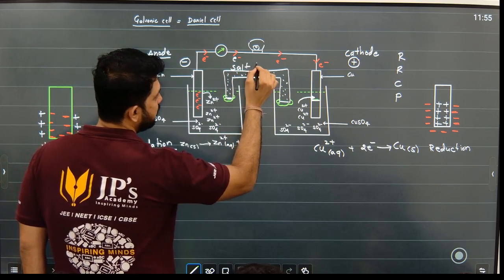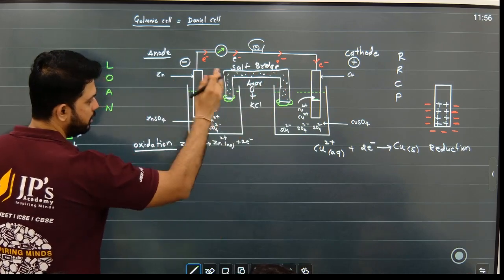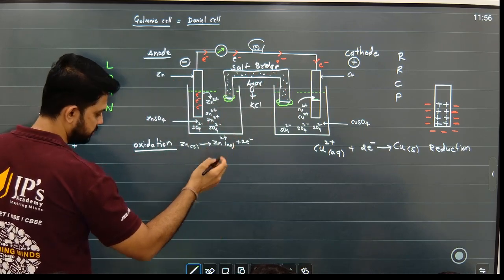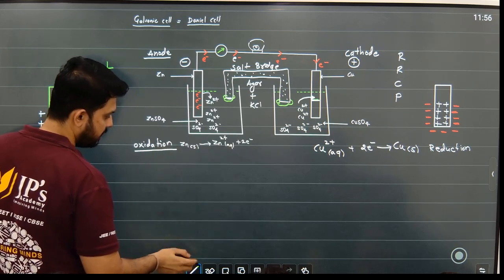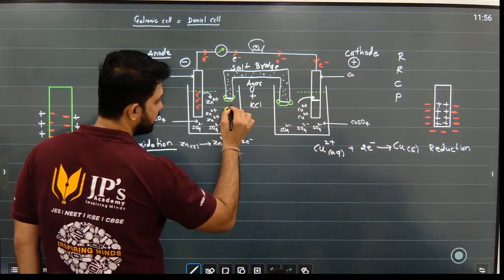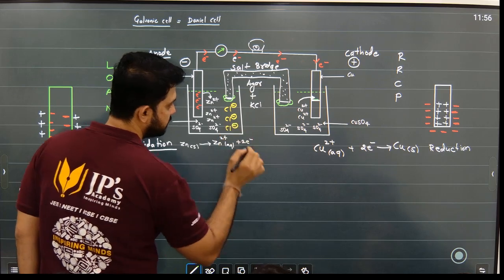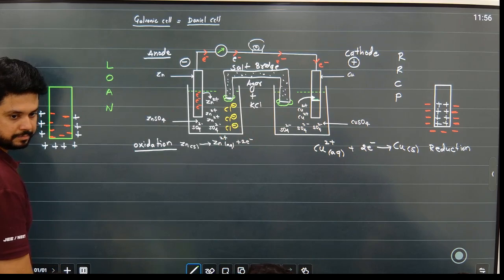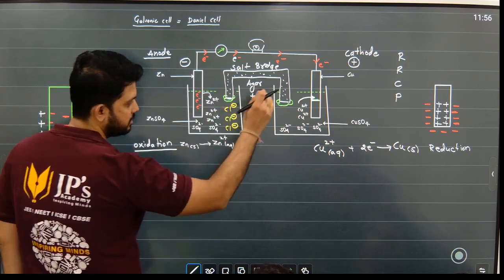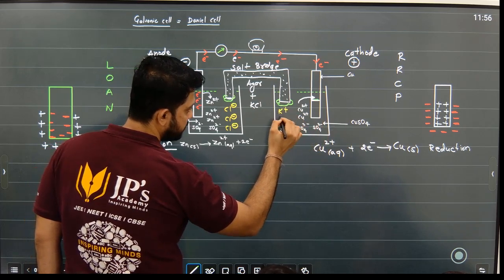So as the left solution becomes saturated with positive charge, automatically what happens? Cl- ions will come, to maintain electrical neutrality. And similarly on the right, the solution was saturated with negative charge, so K+ comes here.